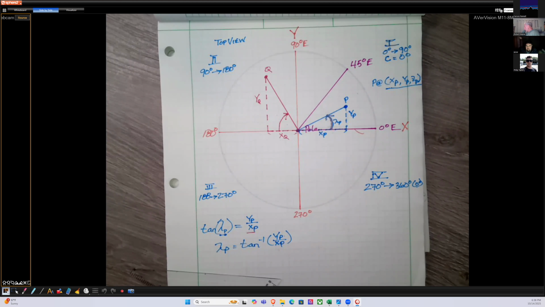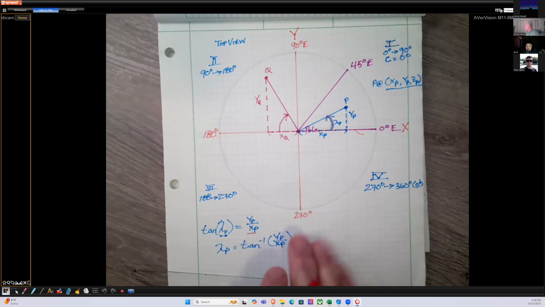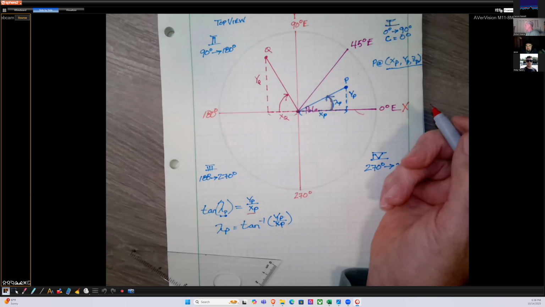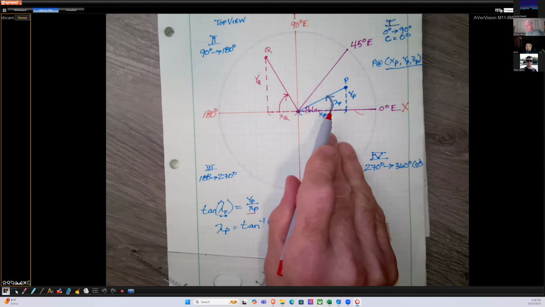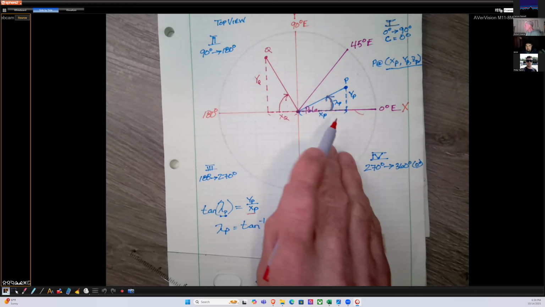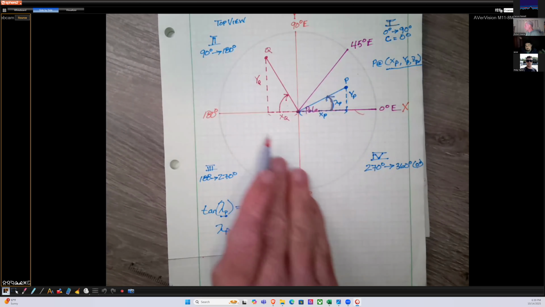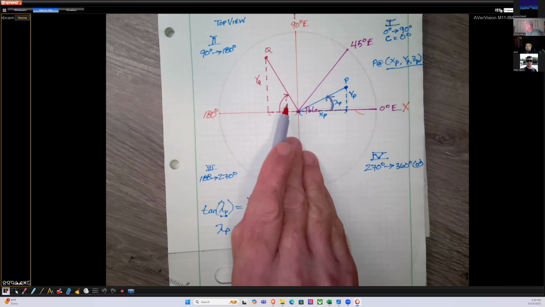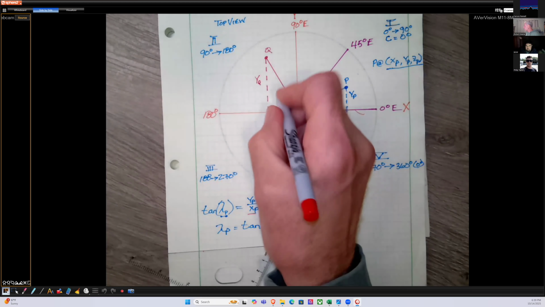And is the angle that it returns going to be positive or negative? Remember, in our longitudinal graticule system, counterclockwise is positive. So it's going to be negative.